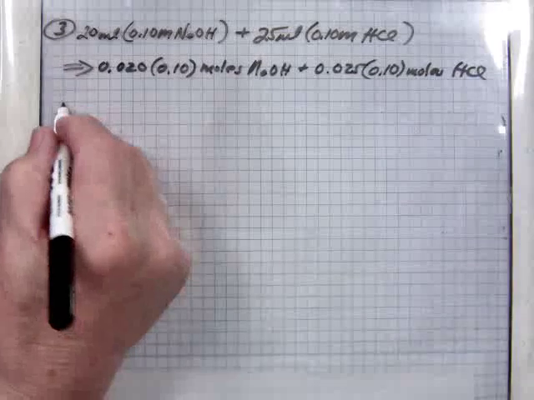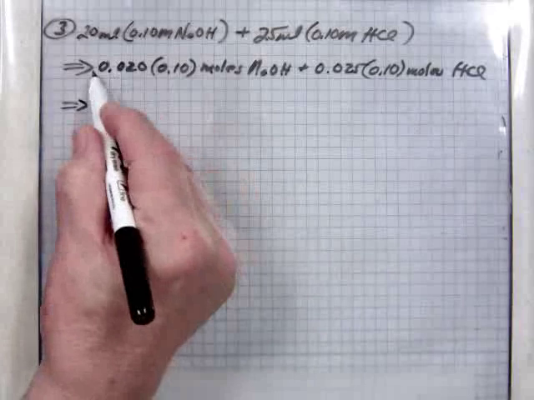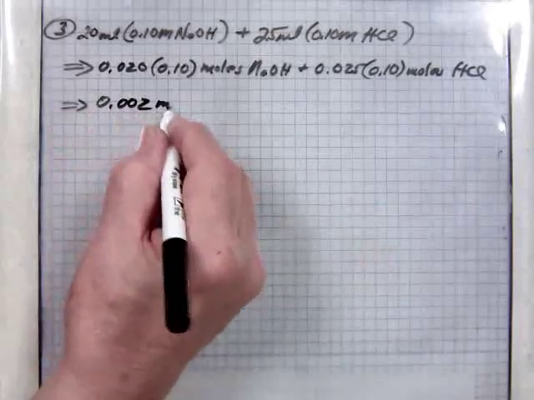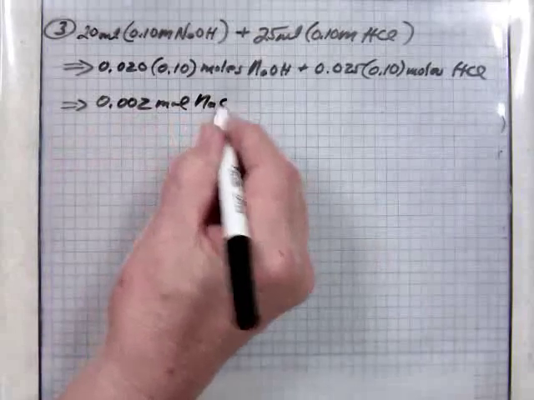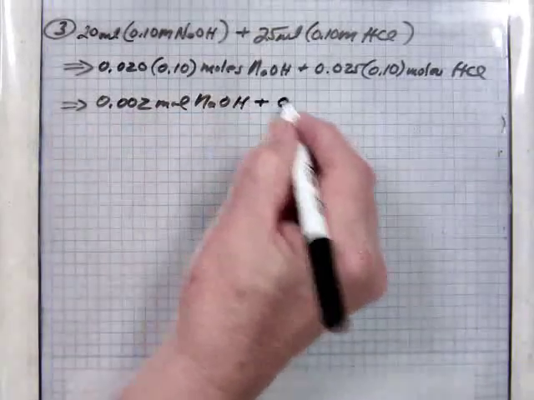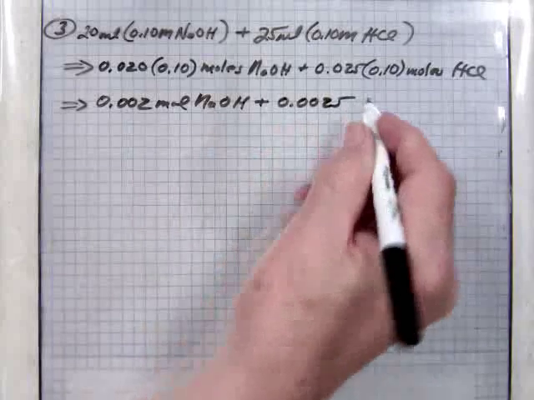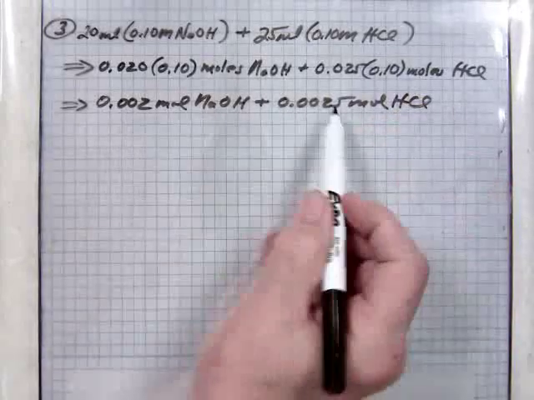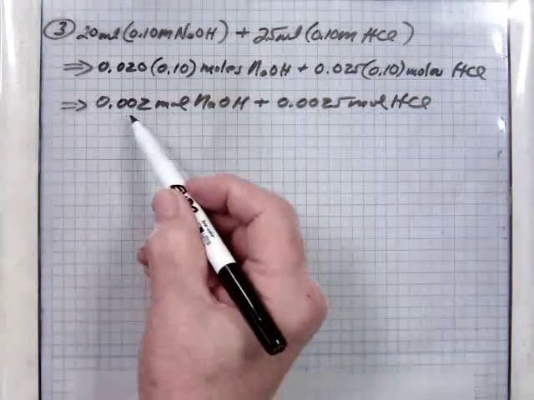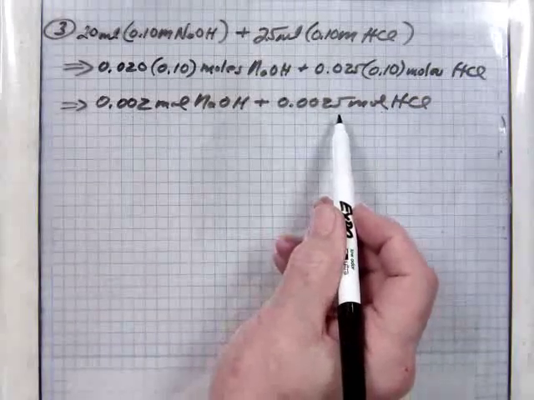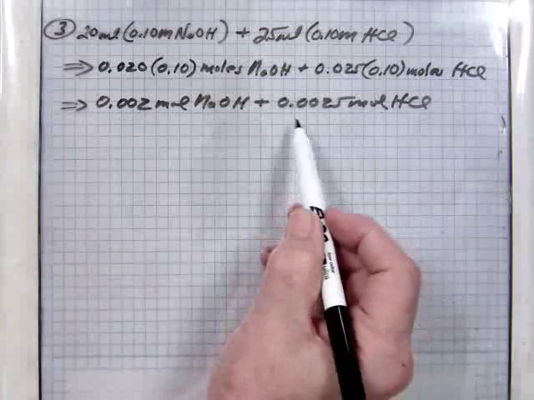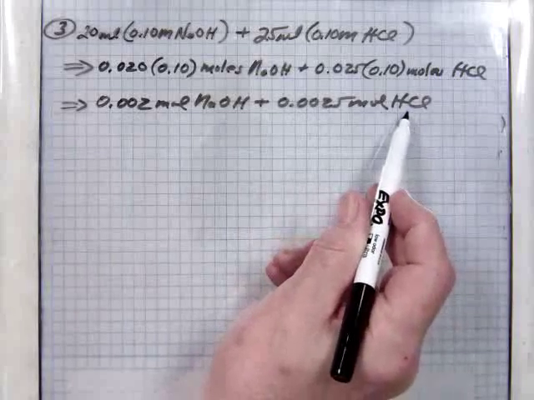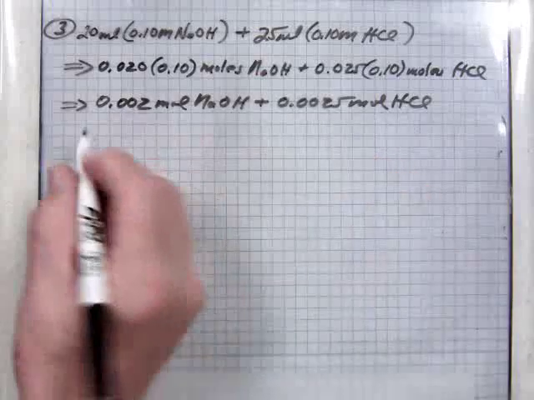Okay, then this is just really moving the decimal one place, and that's 0.002 mole sodium hydroxide and 0.0025 mole HCl. And since it's a 1-to-1, all we're going to use is 0.002 mole of the HCl. So that's going to leave 0.0005 mole in excess. See that? So you just take the difference in those two.